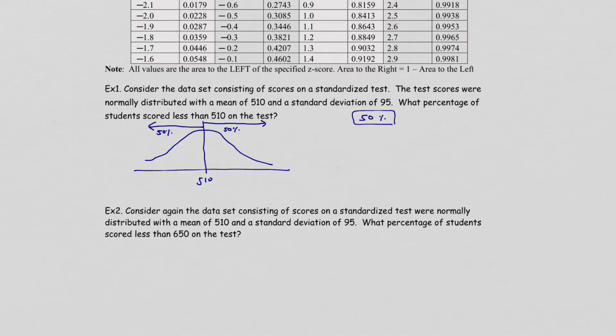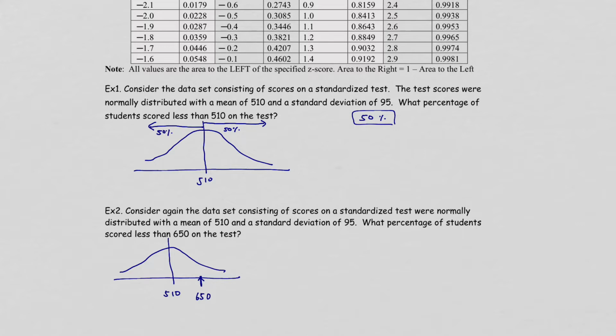Within the same problem, same normal distribution, they want to know what percent of the students scored less than 650 on the test. So if we have the normal distribution with 510, we want to know what percent of the students scored less than 650.